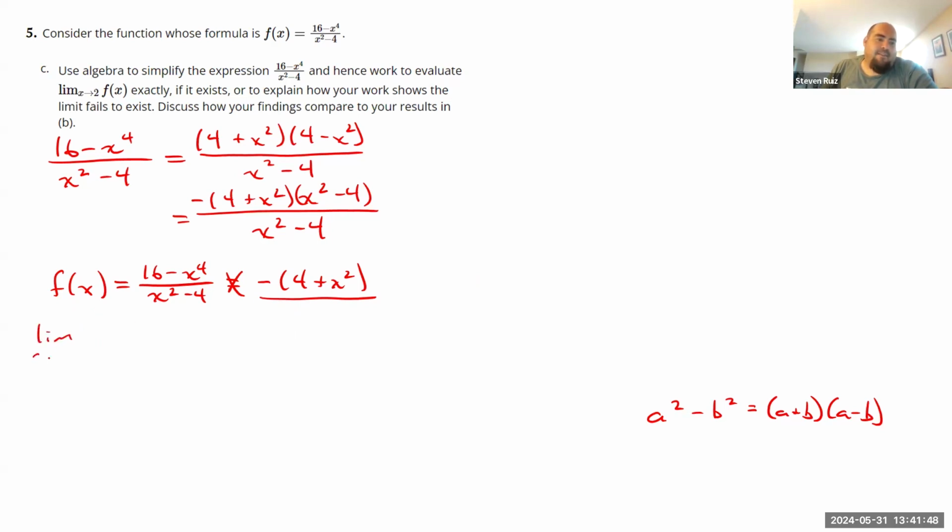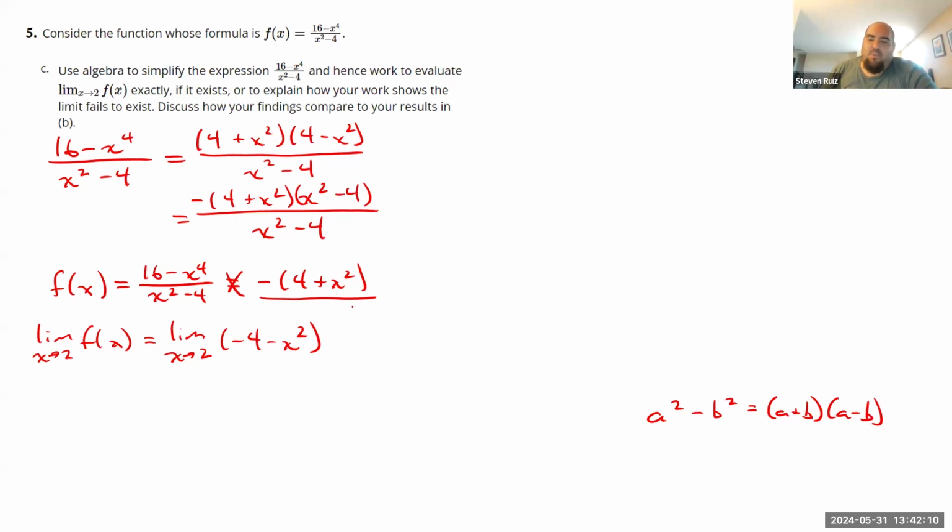The limit as x approaches 2 of f of x is equal to the limit as x approaches 2 of this new simplified expression, which is negative 4 minus x squared. So even though these functions are not equal, they're equal almost everywhere.